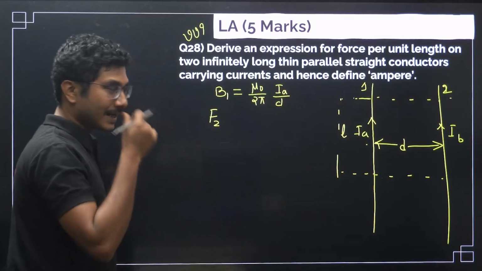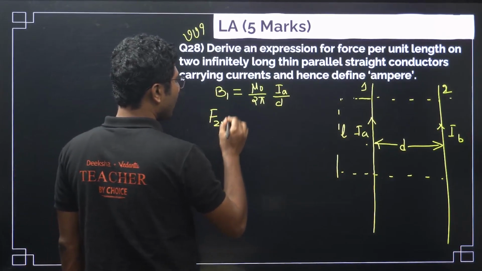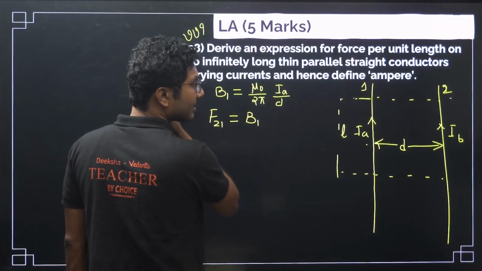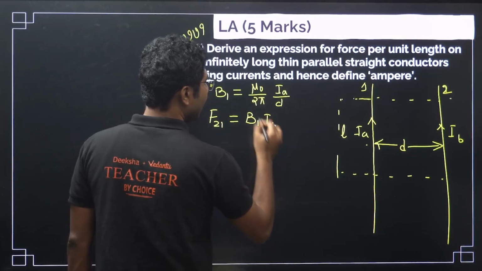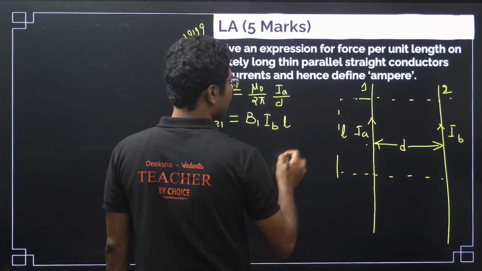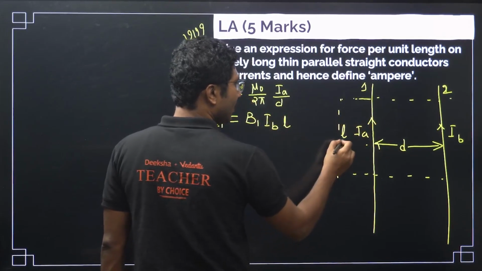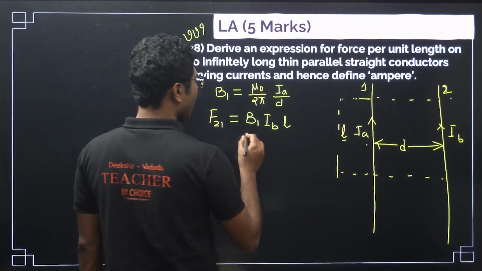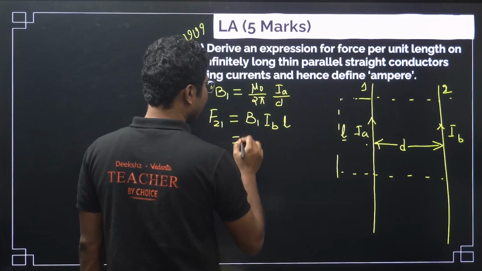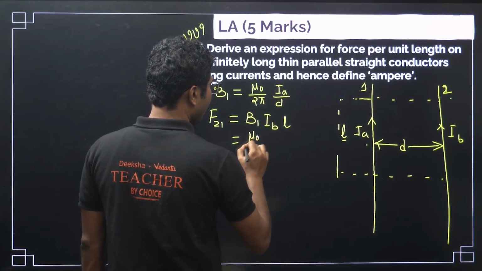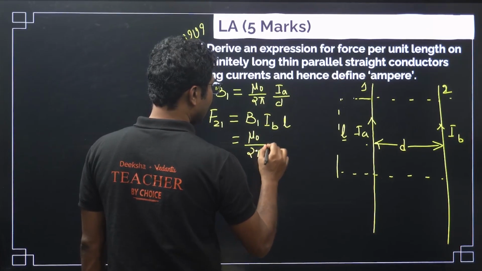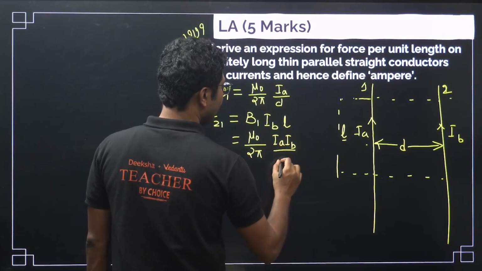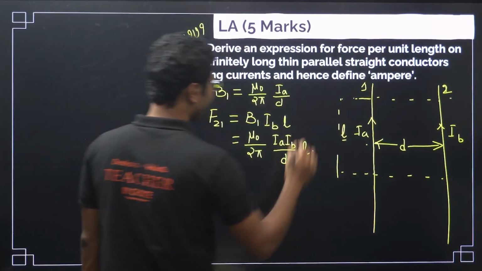The force on the second wire due to wire 1 will be B1 IB L. Sin theta is 1, and L is the length concerned. Now, let us put the value of B1, and you get mu naught by 2 pi IA IB by D into L.